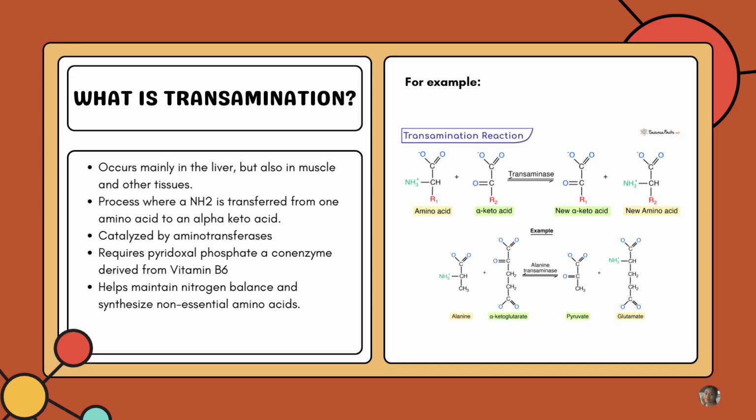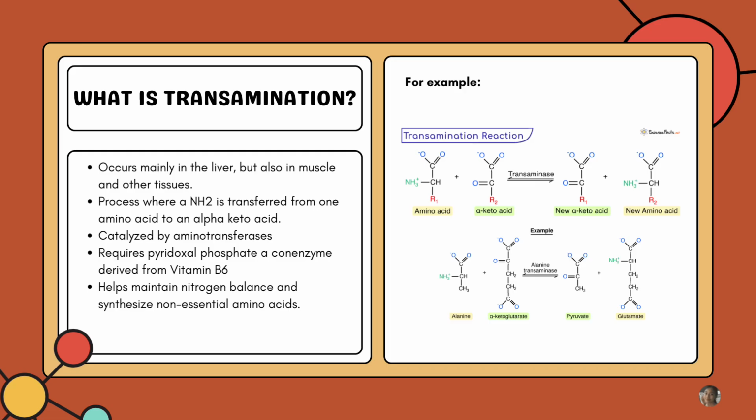Instead of throwing it away, you pass it on to a keto acid, which is an amino acid without nitrogen. So you have an amino acid transferring its nitrogen group to a keto acid, and that results in a new amino acid and a new keto acid. So it's a swap, a reversible swap.